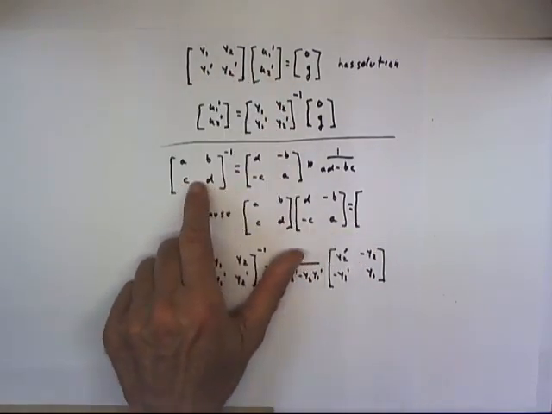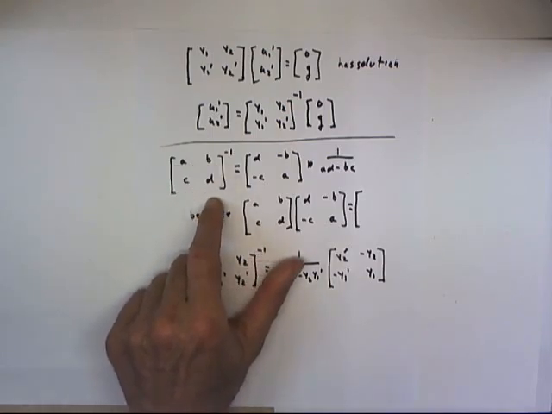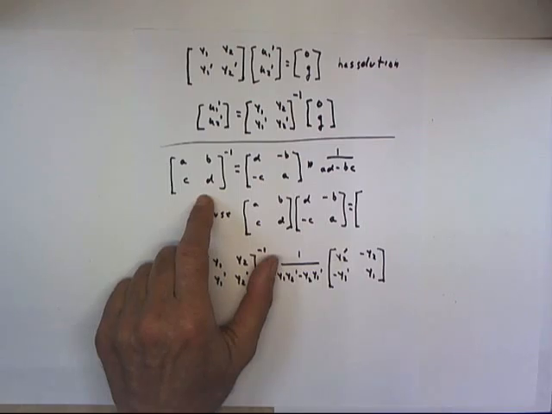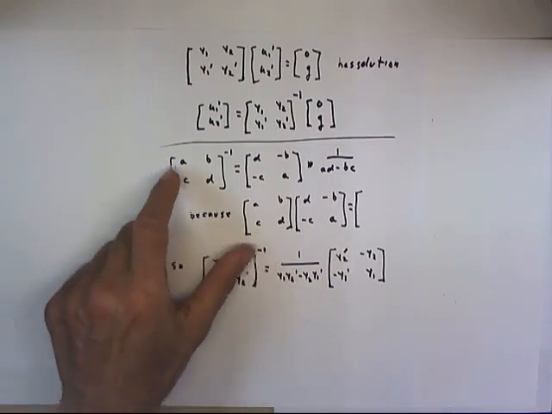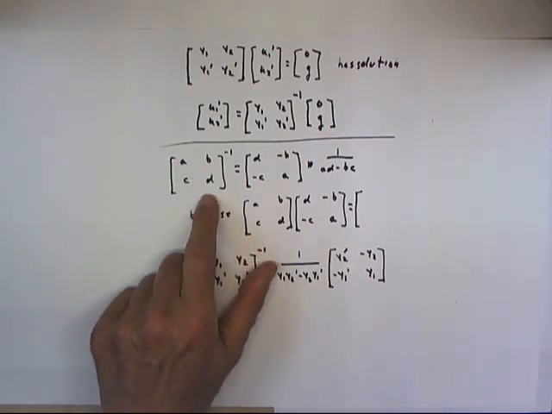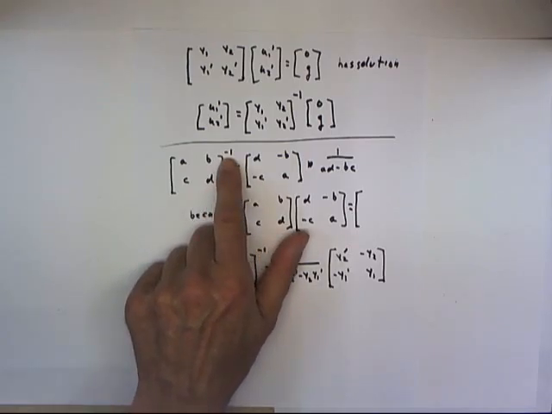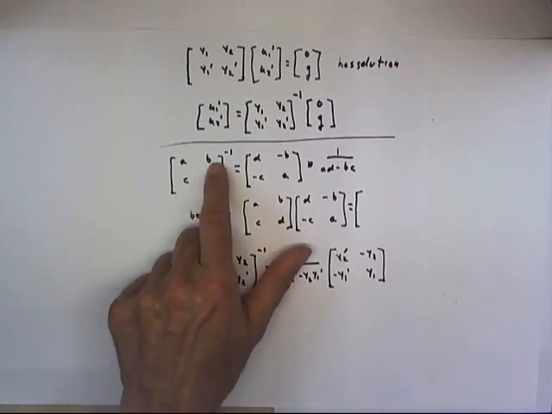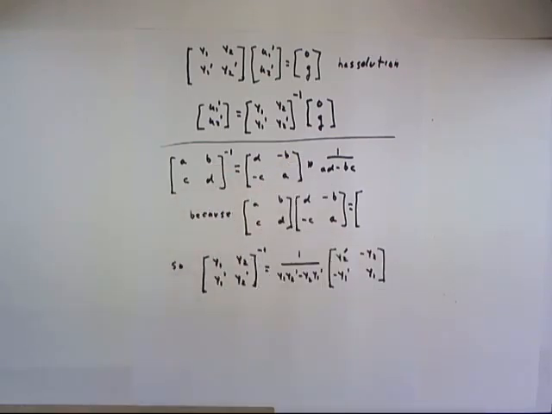If we've got a matrix A, B, C, D, just any old matrix of numbers or symbols or functions, whatever, and we want to invert it, we reverse A and D and we change the signs of B and C.